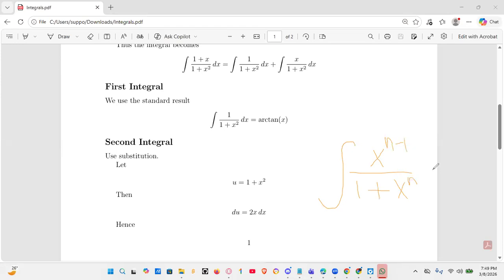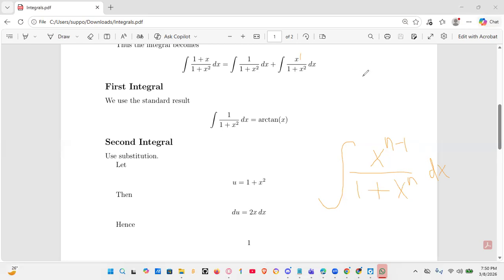I can use substitution because of derivatives. The condition here is the function in my numerator has to be one degree less. In this case, we have x to the power of 1 and 2, so n is 2. That means n minus 1 is 1.